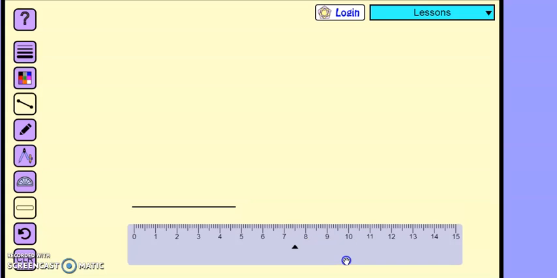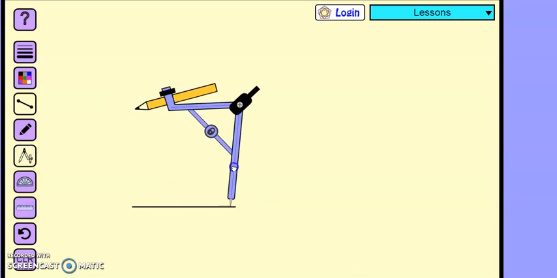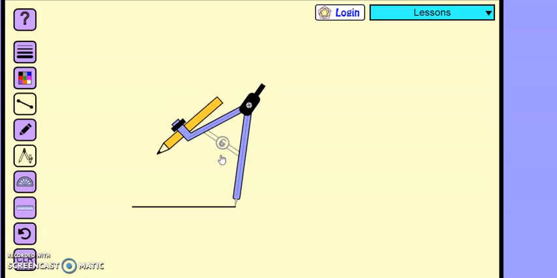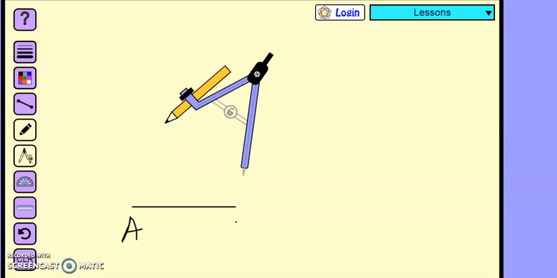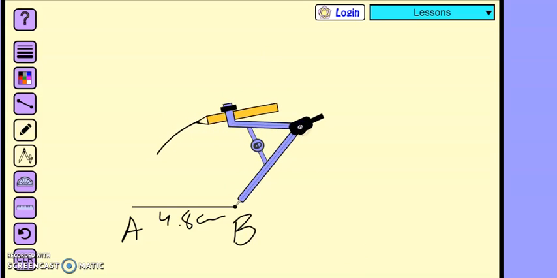Okay. Now you have to draw a right bisector of this line segment, and in order to draw a right bisector, you need your compass needle placing at this point B. This is A, this is B, and it is of measure 4.8 centimeter. So in order to construct the right bisector, you will open your compass and draw an arc like this.